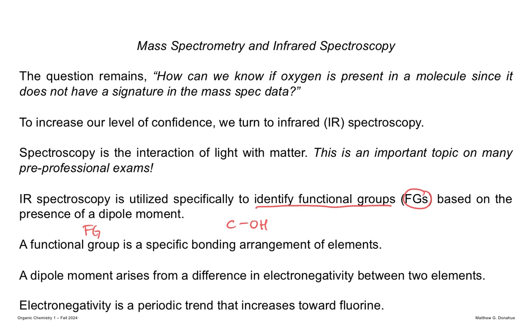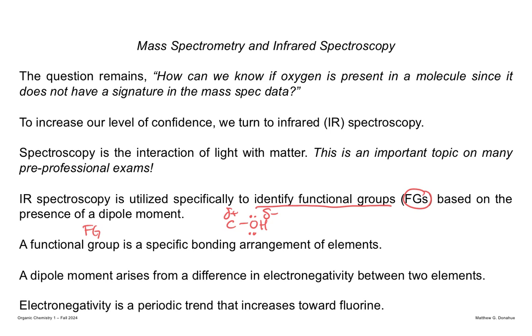And using the periodic trend of electronegativity, we can say that the oxygen is more electronegative than the carbon. So that's just assigning delta plus, delta minus. And from that, we know it's a polar covalent bond, and now we can draw a dipole moment.